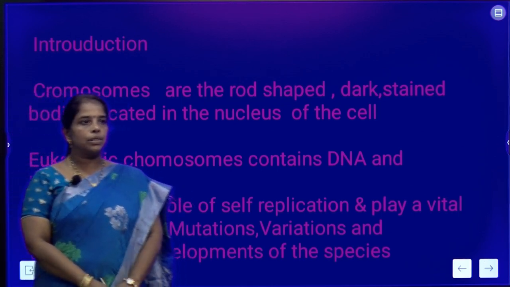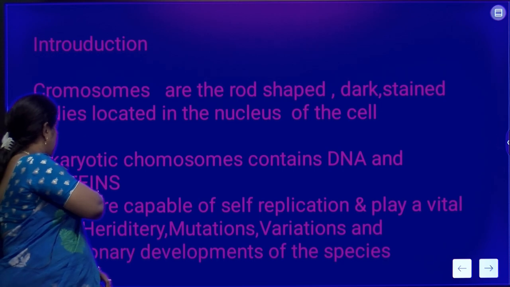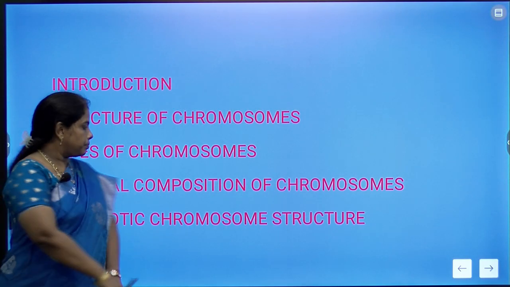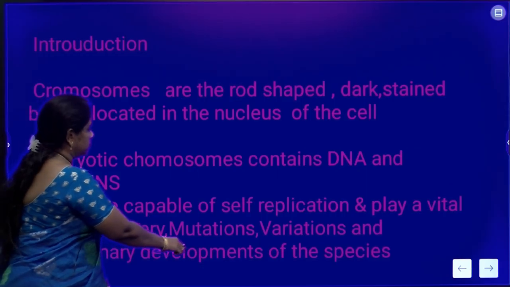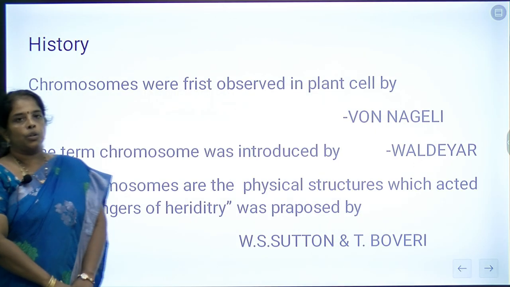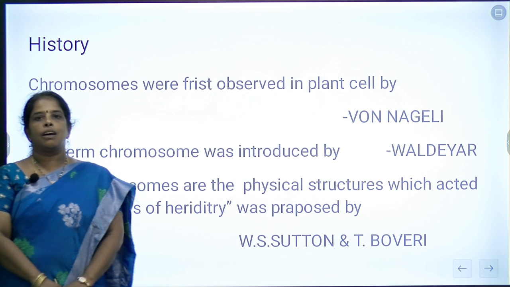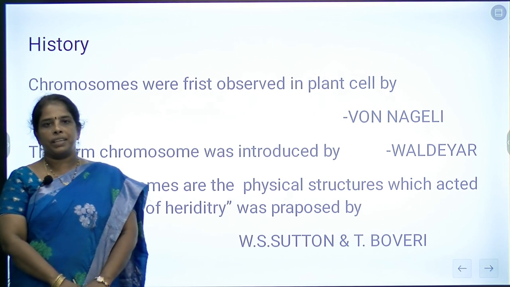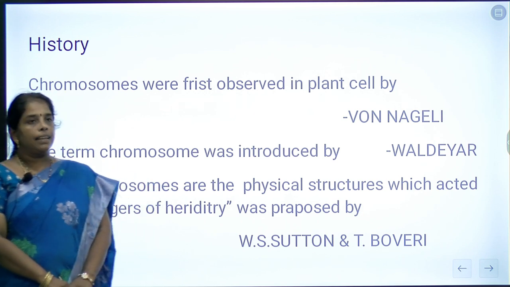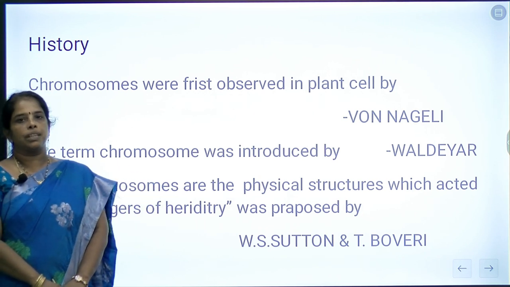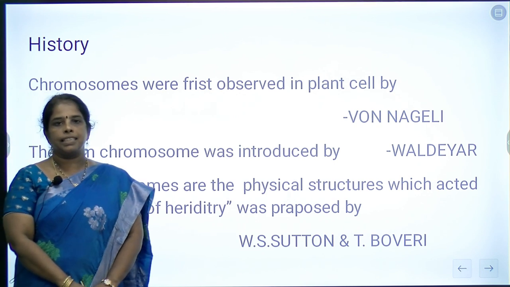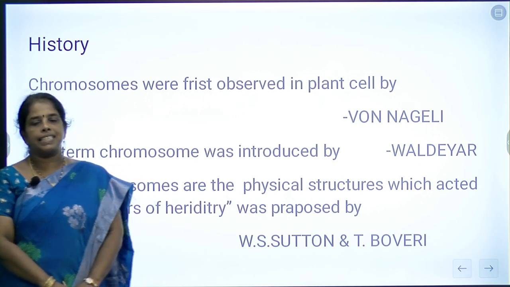Now let us see the history of the chromosomes. The chromosomes were first observed by von Nageli in 1848. Then Fleming observed the chromosomes and used the term chromatin, that is the colored part which is present inside the nucleus.